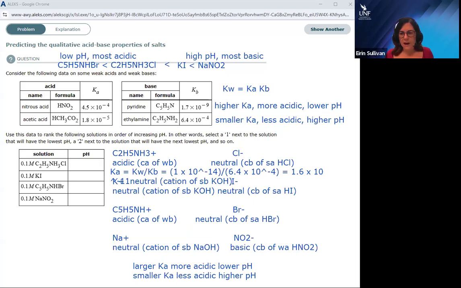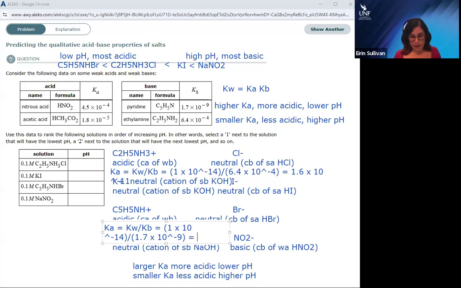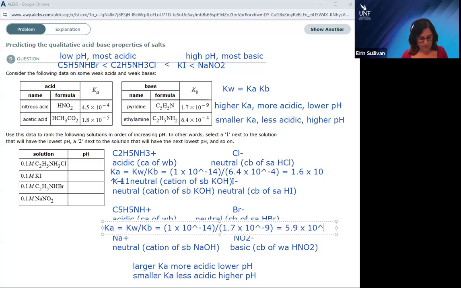It's back again. Hooray! Okay, so let's do the same to calculate Ka here for my C5H5NH plus, the conjugate acid of my pyridine. So that'll be Kw over Kb for my pyridine. So that'll be 1 times 10 to the power of minus 14 divided by, pyridine was 1.7 times 10 to the power of minus 9, and that will shake out to be 5.9 times 10 to the power of minus 6.